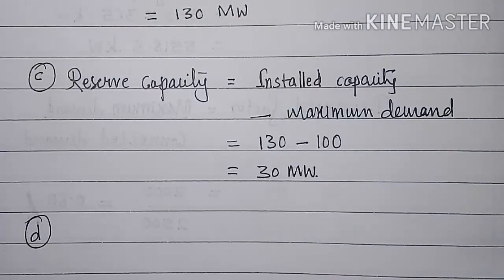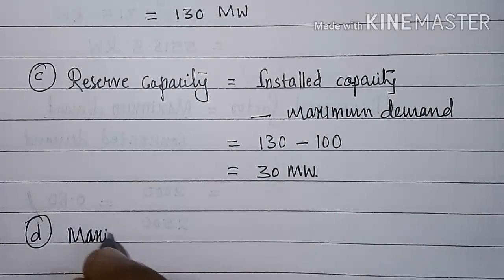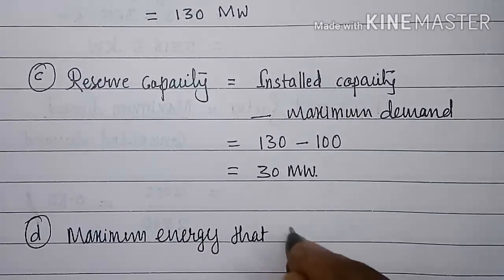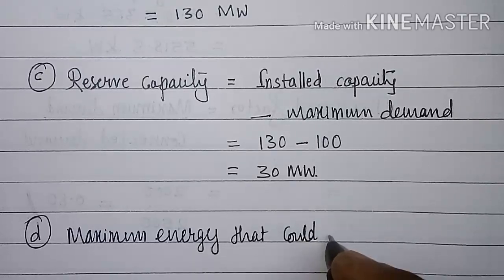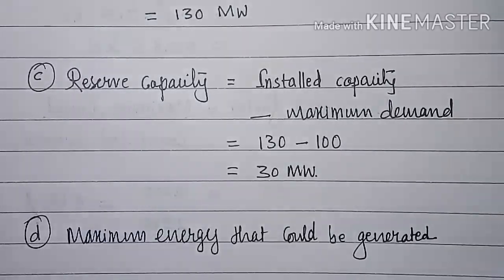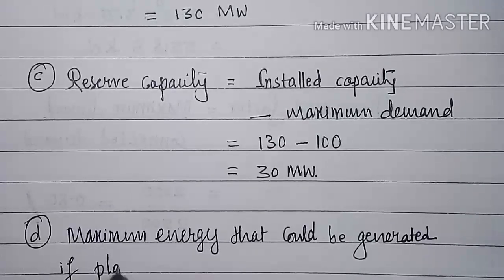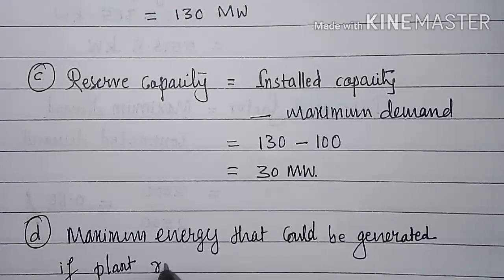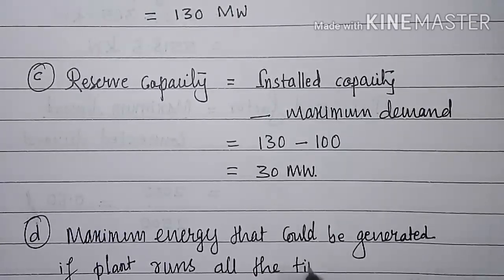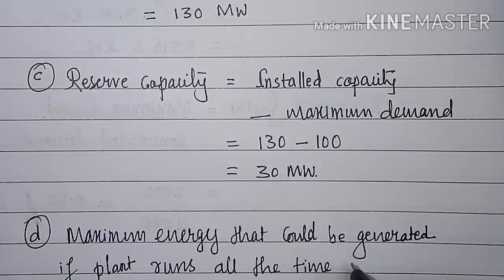Next, we have to calculate maximum energy that could be generated if plant runs all the time.